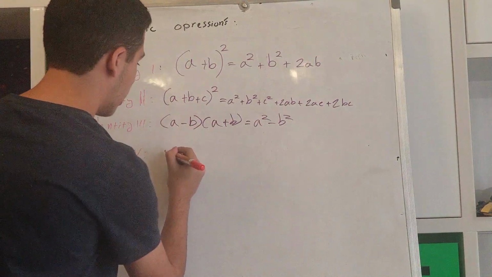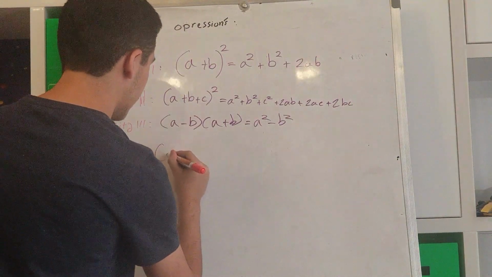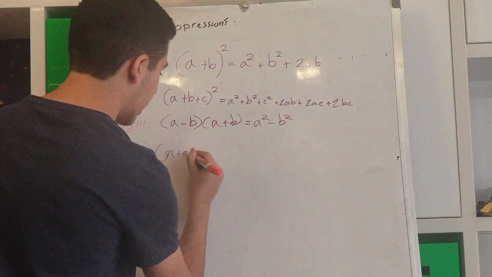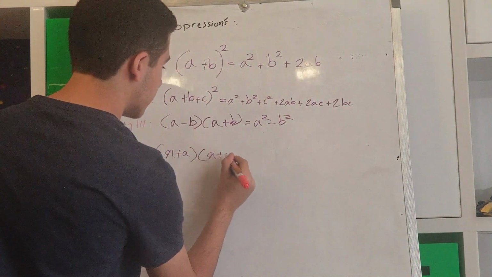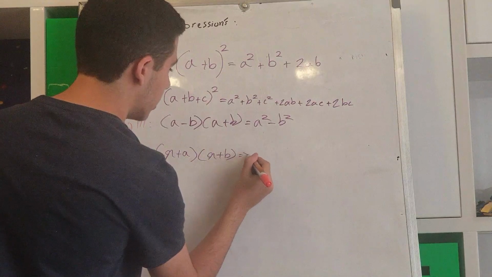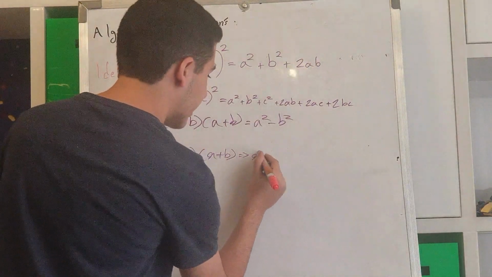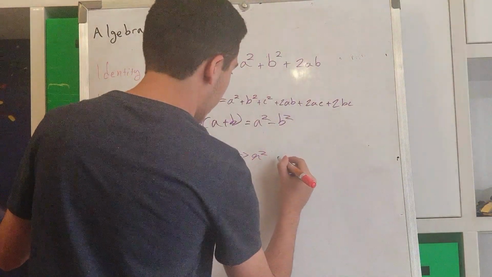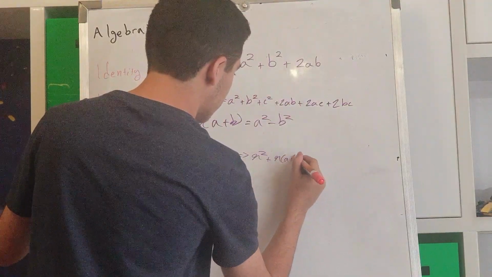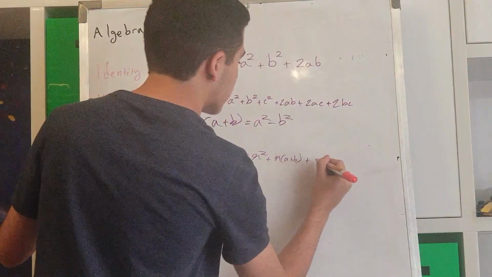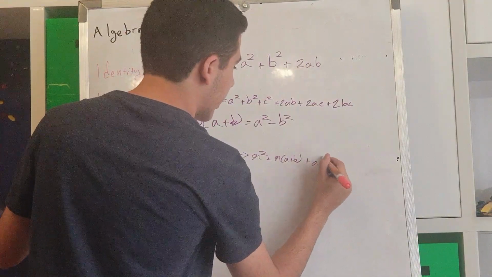It's x plus a times x plus b, which equals x squared plus x times (a plus b) plus ab.